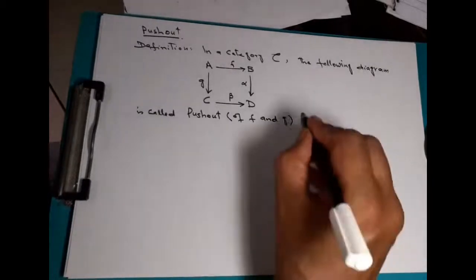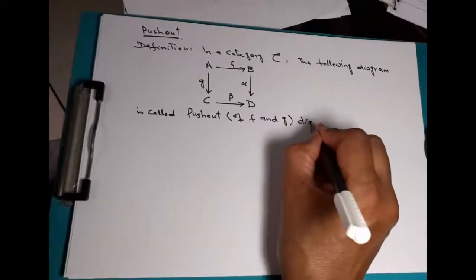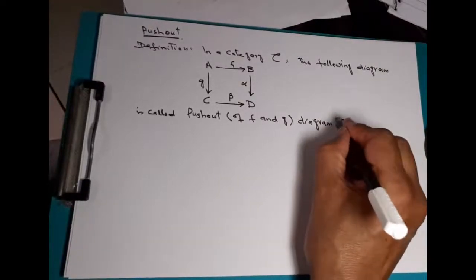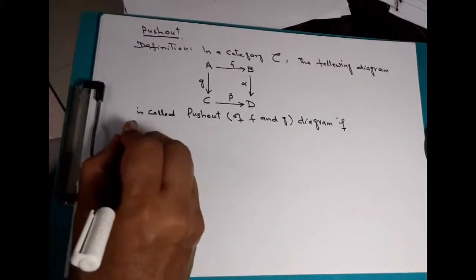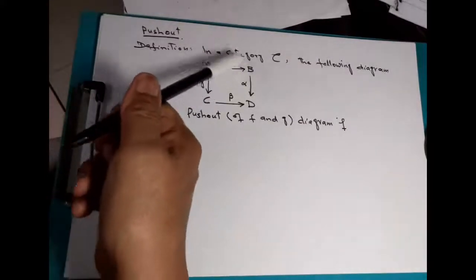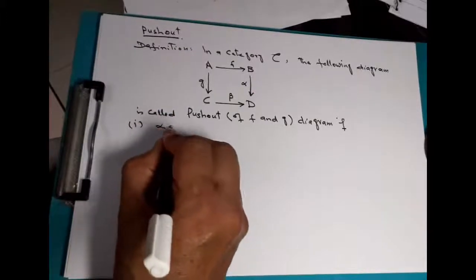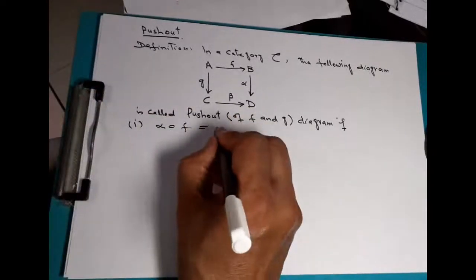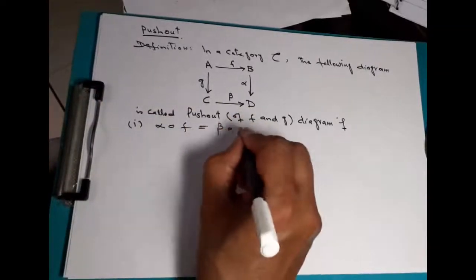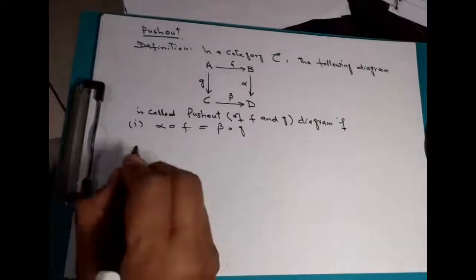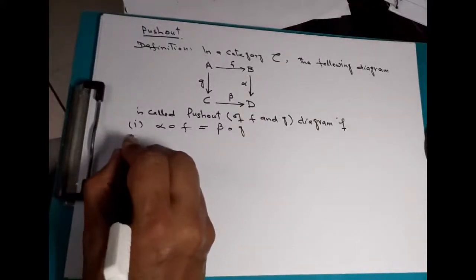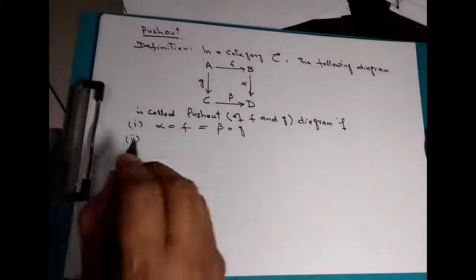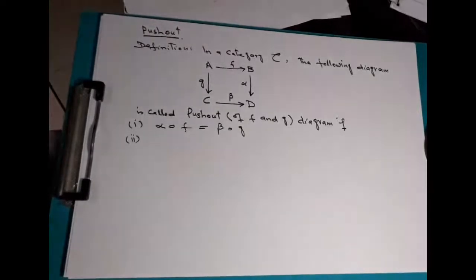It is called a push out diagram if, first of all, we must have alpha composed with F equal to beta composed with G. And secondly, for any maps, let me draw the diagram first.